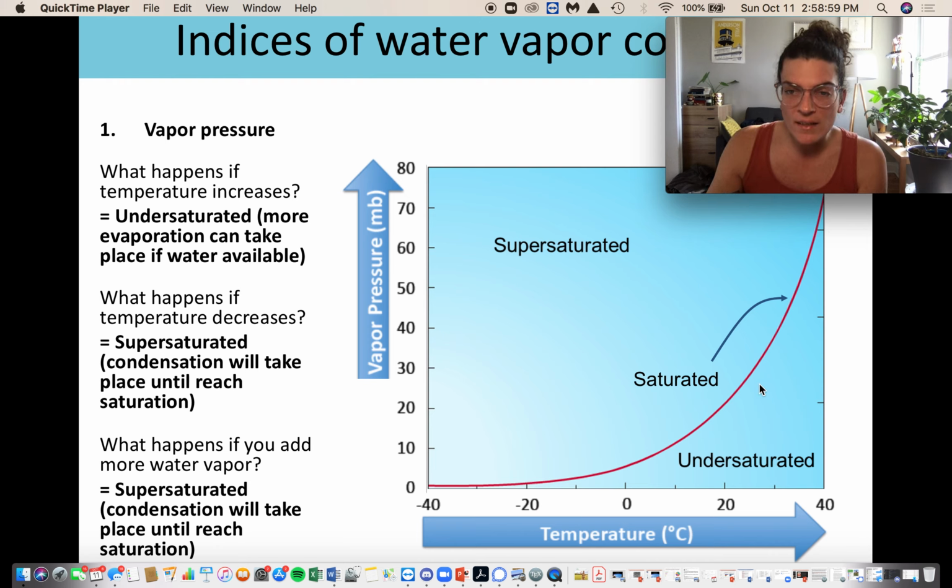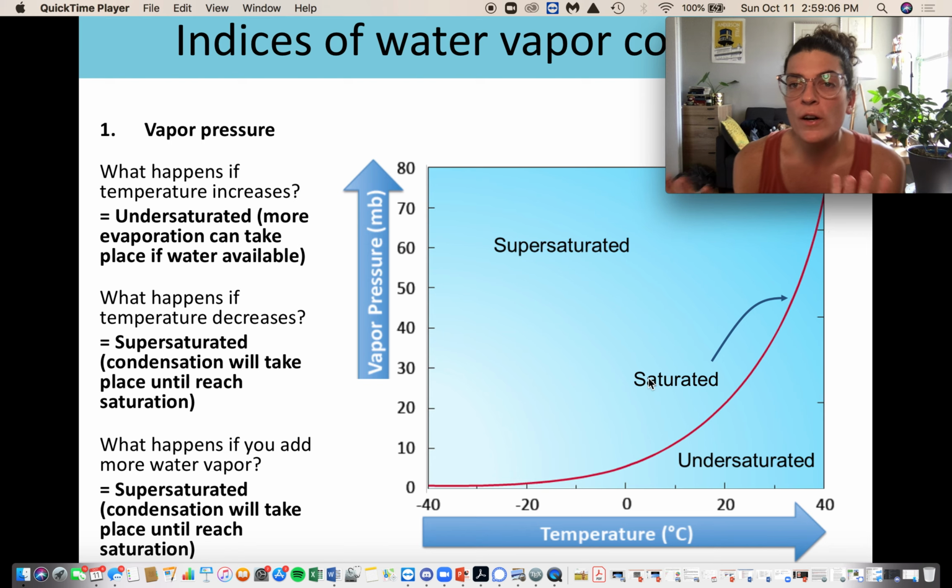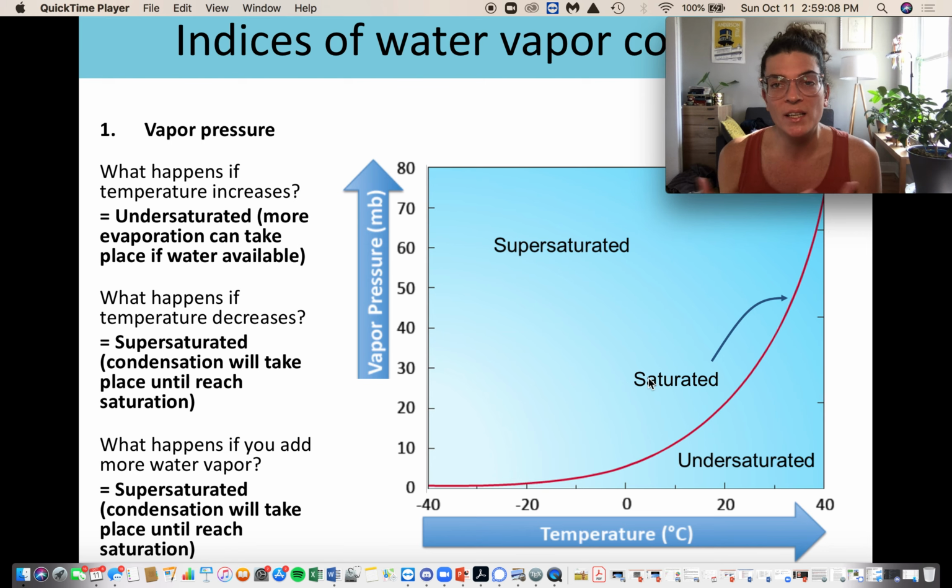So when air parcels are saturated, meaning they contain as much water vapor as they possibly can hold, what happens? Any additional water vapor, anything above this line, is going to immediately condense, which means instead of a vapor, it's going to exist as a liquid.